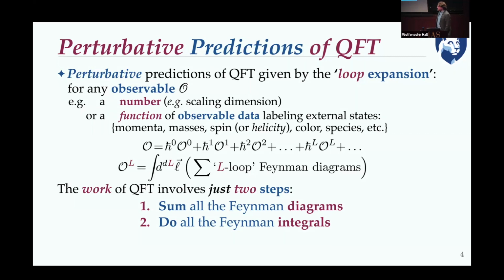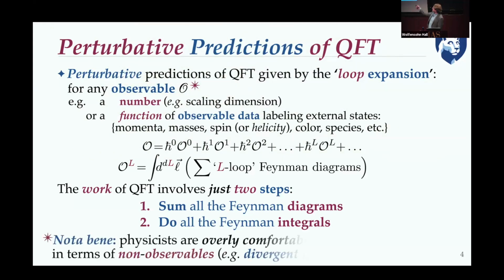Now, part of that difficulty, although by no means all of the difficulty, is related to a little subtlety which doesn't come up very much, or at least we try to ignore as long as we possibly can, which is that oftentimes, including me, physicists are overly comfortable talking about things that are not really observables, like a scattering amplitude in N equals 4.